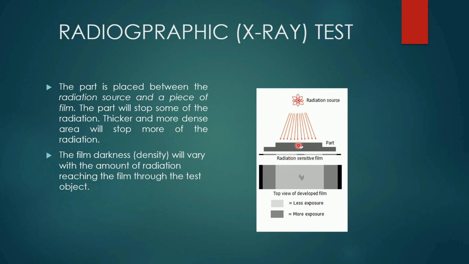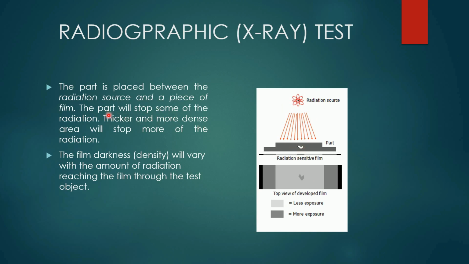So if in this particular part there is a void or crack, then the rays coming from the radiation source will be absorbed differently here, and the intensity of that particular area will be different from the adjacent material. So the part is placed between the radiation source and a piece of film. The radiation source is here and the film is over here, right?